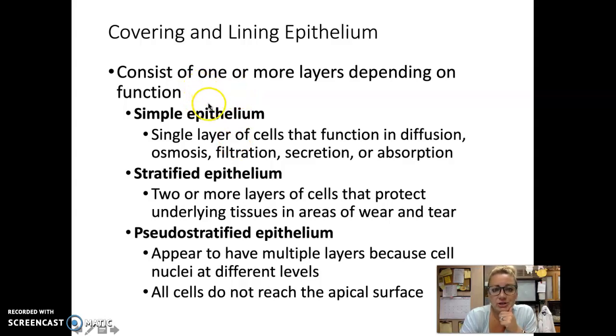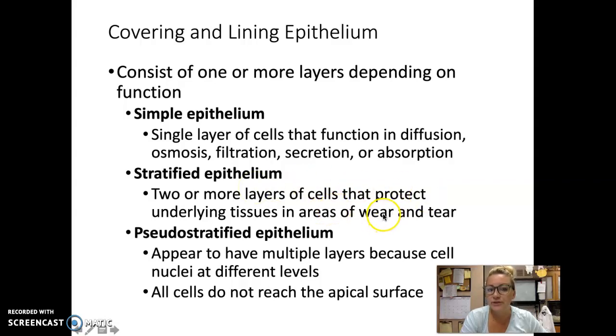Depending on their function will depend how many layers they have. So for simple epithelium, generally these are going to be the ones that do diffusion, osmosis, secretion, or absorption. We only want the one layer so that we can quickly get to either gas exchange or nutrient exchange. Stratified epithelium is where you have 2 or more layers.